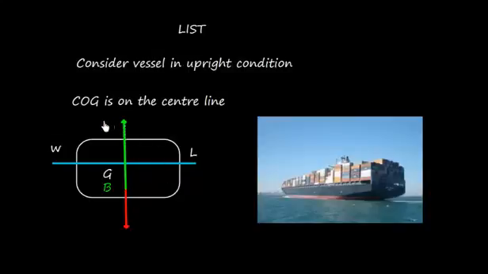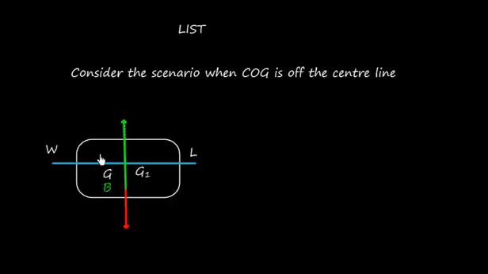Here we assume that the COG is on the center line, so we say the vessel is in upright condition. So the bottom line is the vessel can be upright if the COG is on the center line, which says that weight on the port side is equal to weight on the starboard side, or simply the weight is distributed symmetrically.